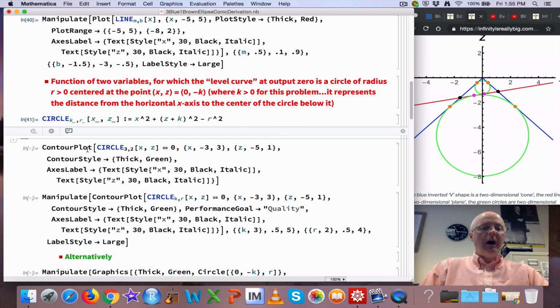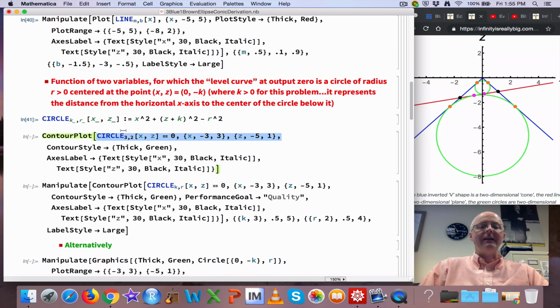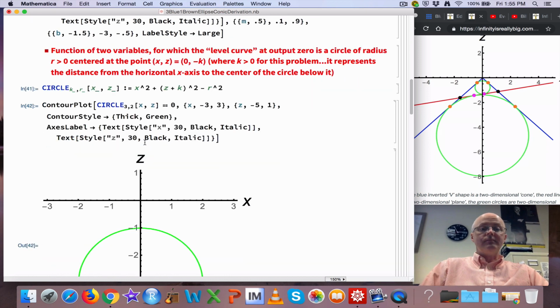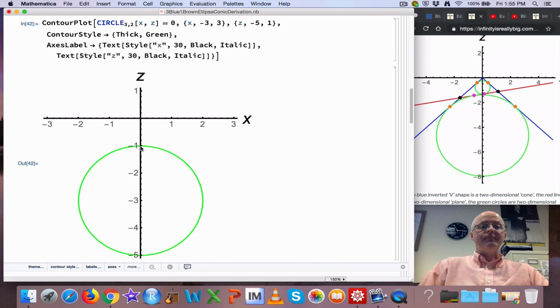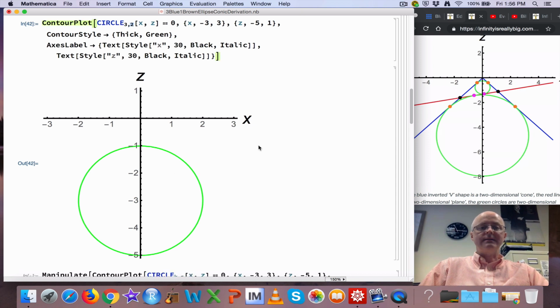ContourPlot is something that will then plot that. In the case where k is 3 and r is 2 here, k means the center of the circle is at 0, negative k, in this case 0, negative 3, and r, which is 2 here, is the radius of the circle.